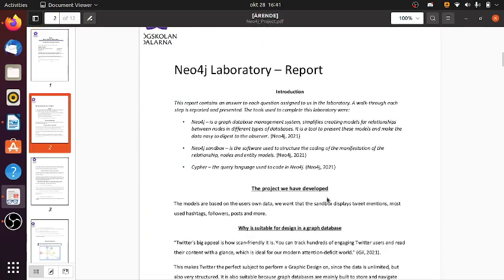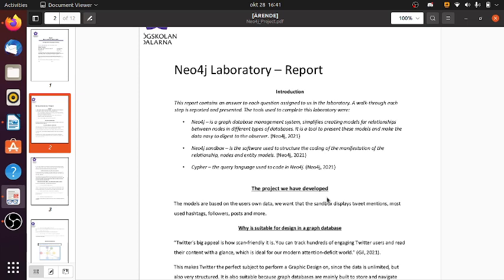So to continue, we'll begin with the introduction. As you already know, maybe, Neo4j is a graph database management system. It simplifies for the user to create models for relationships between nodes in different types of databases.